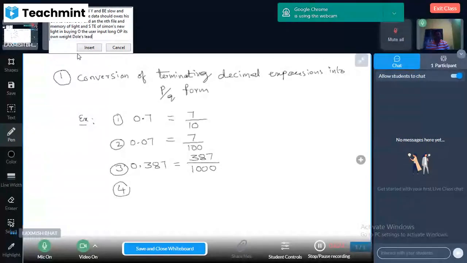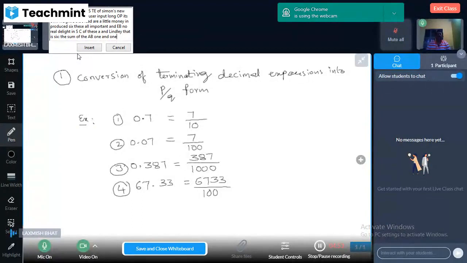Another example, if it is 67.33, then we have to write it as 6733 divided by 2 zeros, because here in decimal place we have two digits, so we have to put 100 in the denominator.